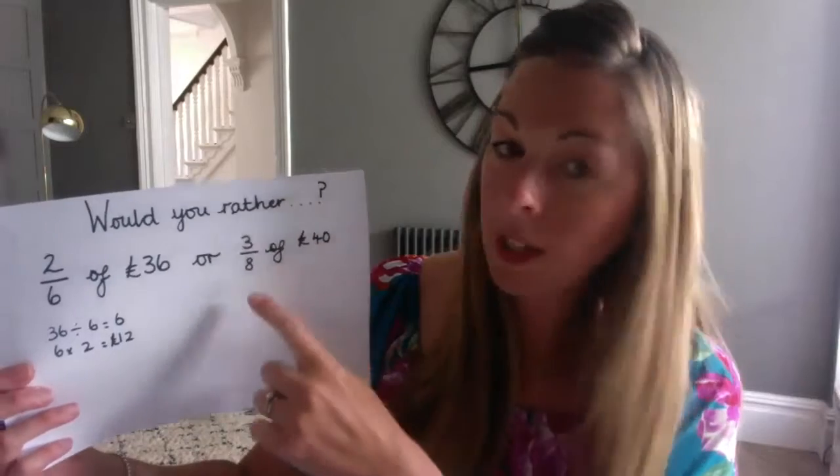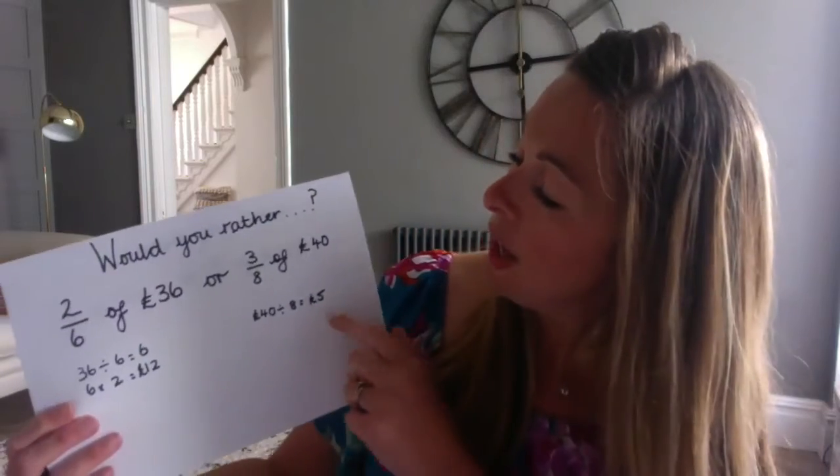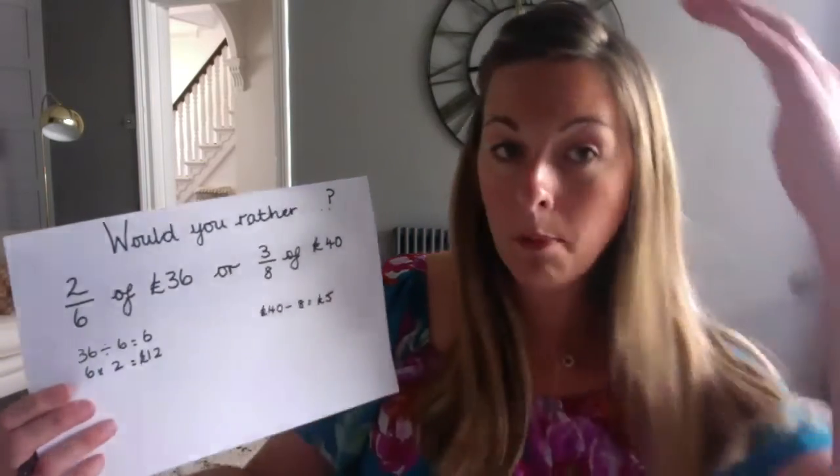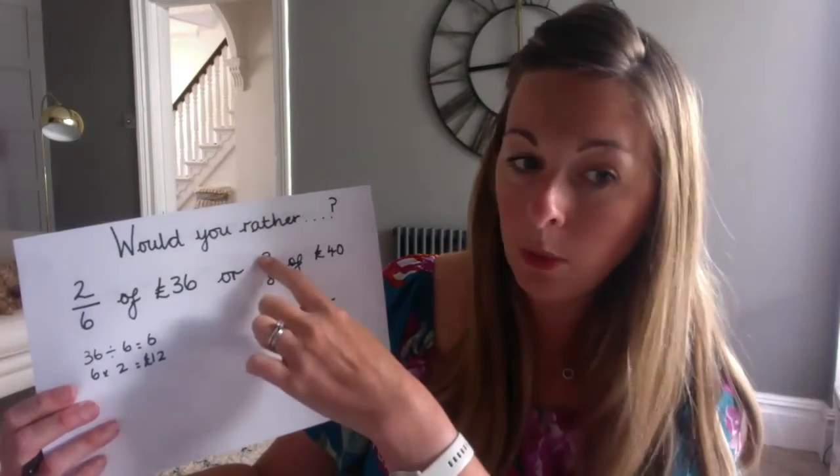So 40 divided by 8, that's the same as saying how many 8s are there in 40. So 40 divided by 8 is 5. There are 5 8s in 40. And then I need to multiply by the top. So I need to multiply the 5 by the numerator, which is 3.